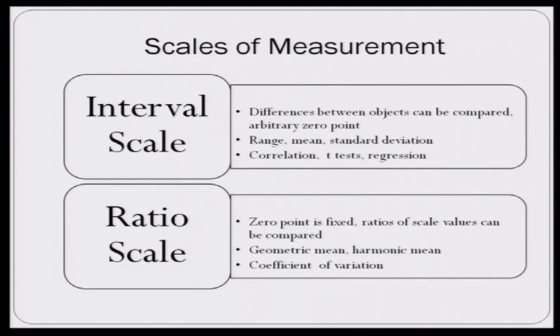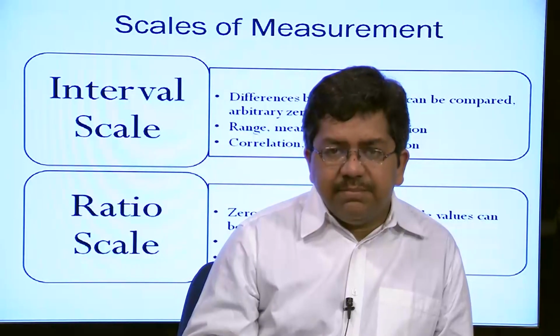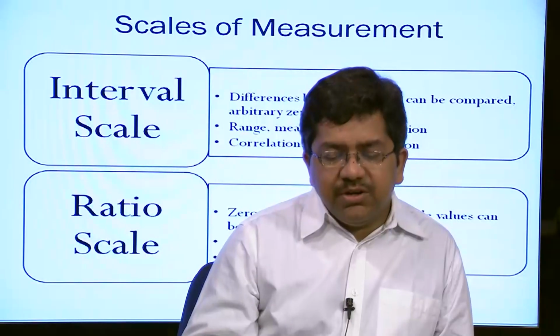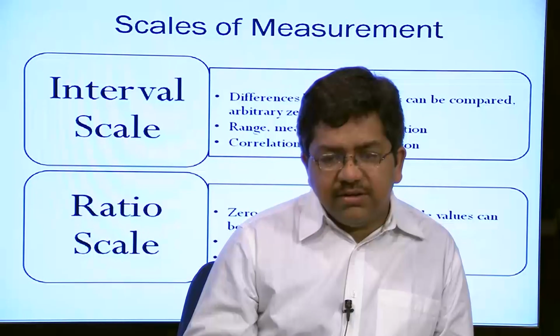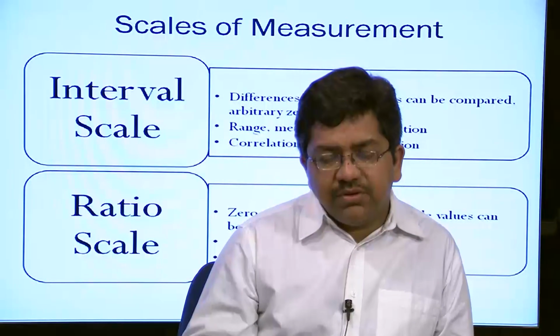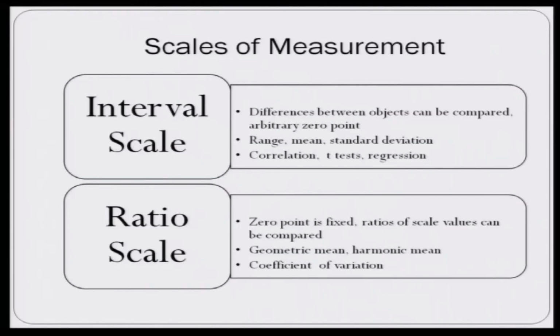However, the 0 is arbitrarily assigned. What you can perform on this interval scale is a range of statistical operations like range, mean, standard deviation, and you can do correlation, t-test and regression using these interval scales.